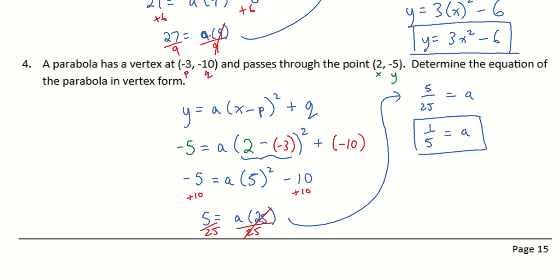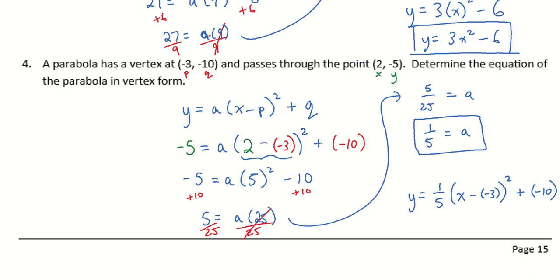So we found the particular stretch that we need in order to make this whole equation happy. So our vertex form then is y is equal to a times x minus p squared plus q.